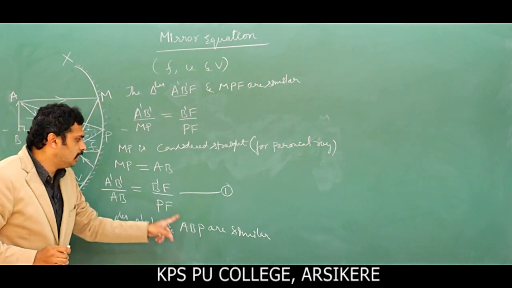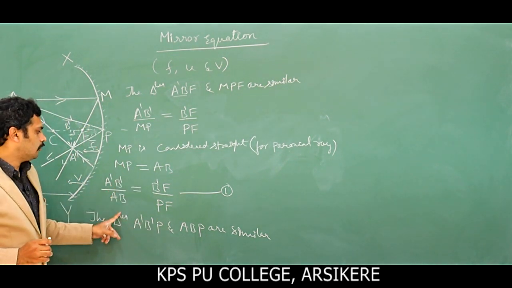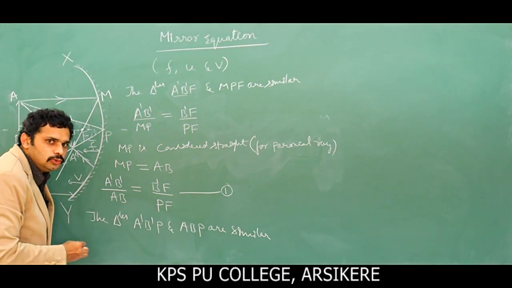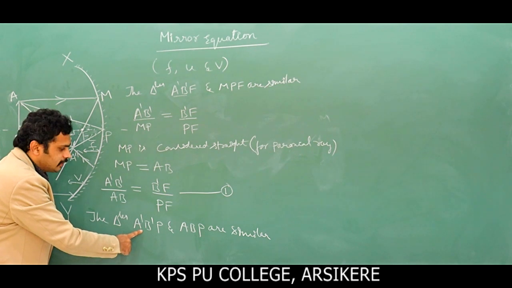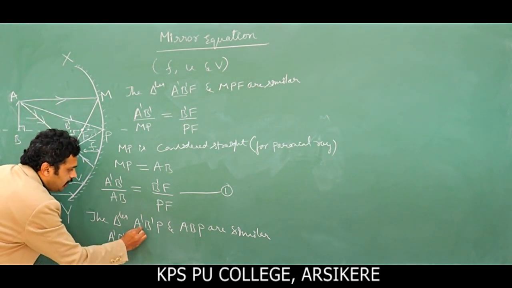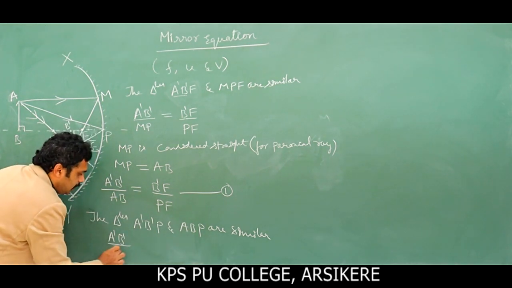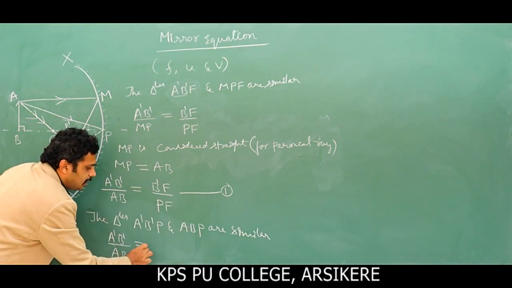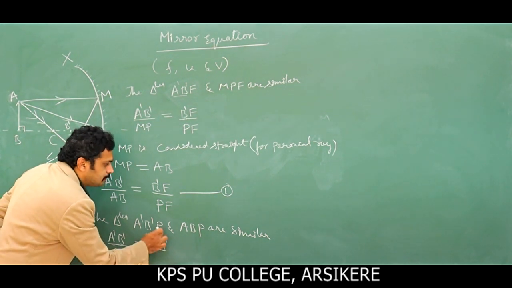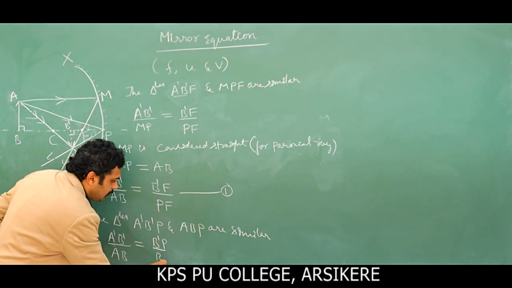If two triangles are similar, then the ratio of two sides is proportional to the ratio of the other two sides. In this triangle, the first side is A dash B dash. Here, A dash B dash by AB is equal to B dash P divided by BP.